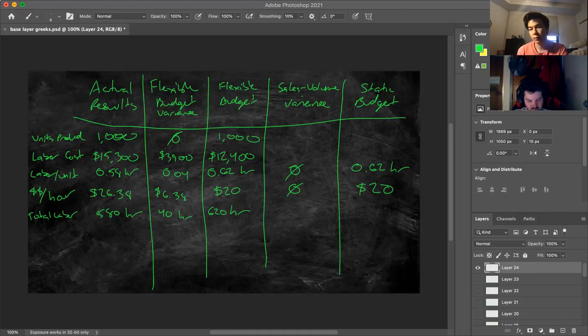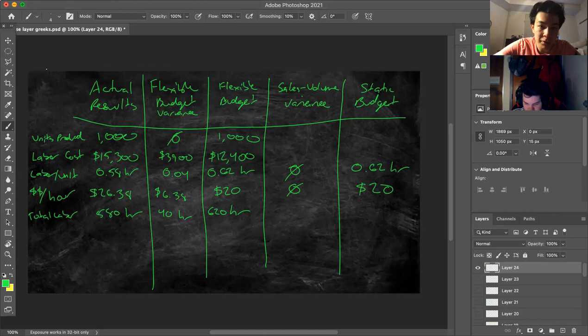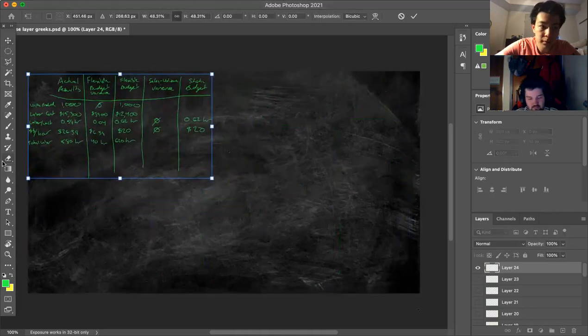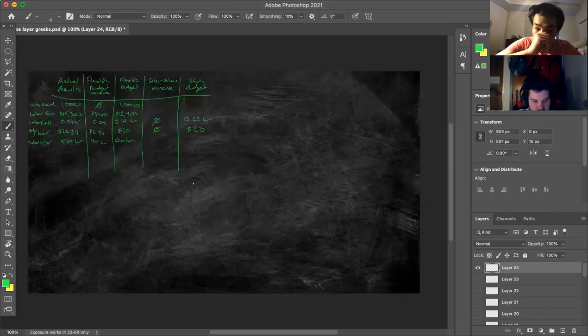So is this fully filled out right now? As far as you can go for this one, yeah. So let's try and do one at a time. What is our flexible budget variance?